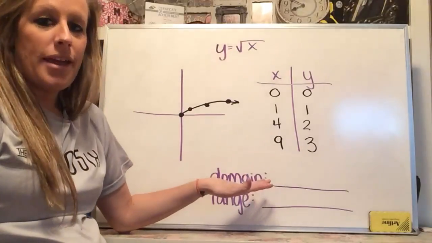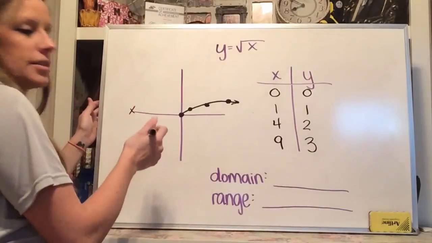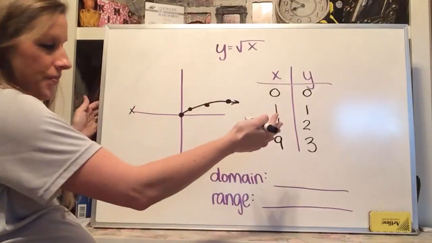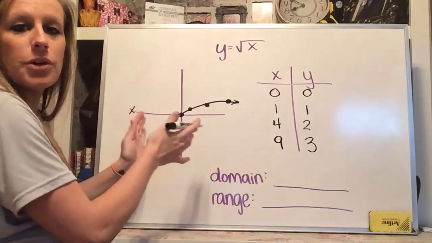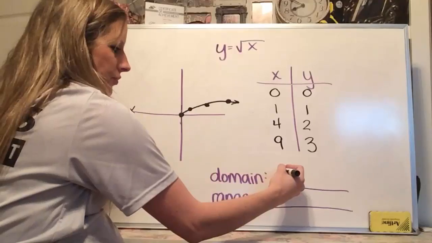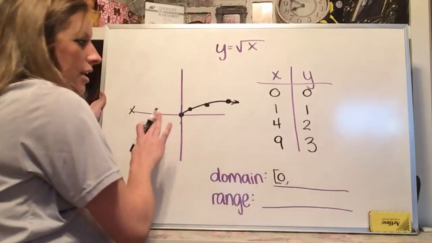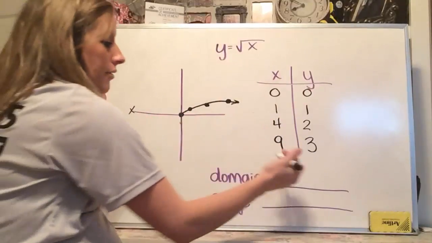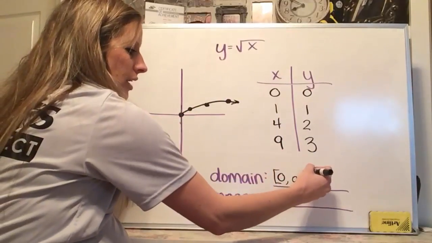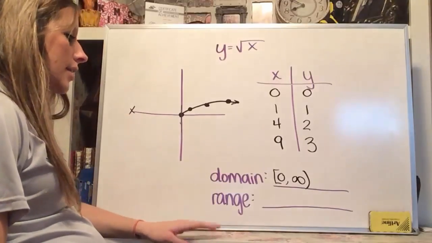So let's look at domain. Domain is all your x's. So look at your x-axis. It goes from the left to the right. So the furthest point on our left here is 0, when x is 0. So we're going to have a bracket, 0, and then it goes to the right forever and ever. So 0 to infinity, and that infinity will have a parenthesis.